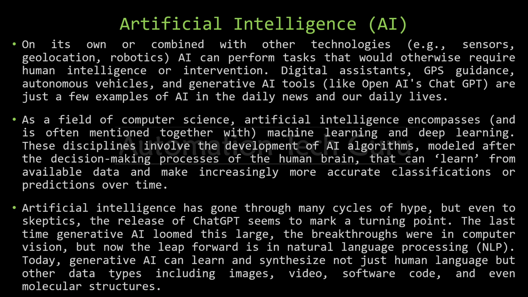Artificial intelligence has gone through many cycles of hype, but even to skeptics, the release of ChatGPT seems to mark a turning point. The last time generative AI loomed this large, the breakthroughs were in computer vision, but now the leap forward is in natural language processing, that is, NLP.